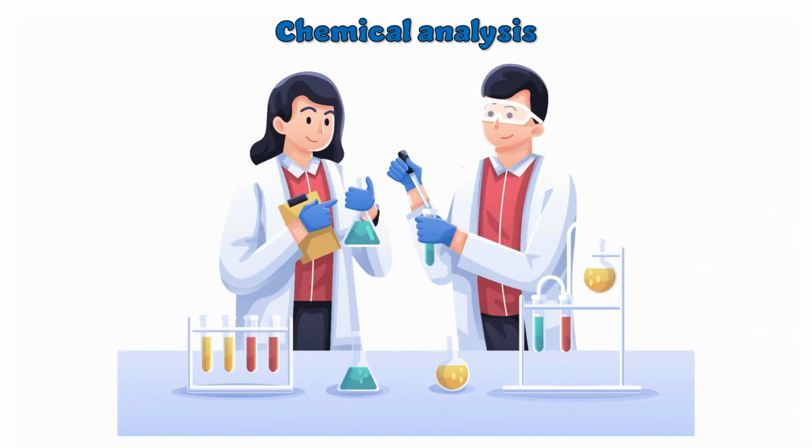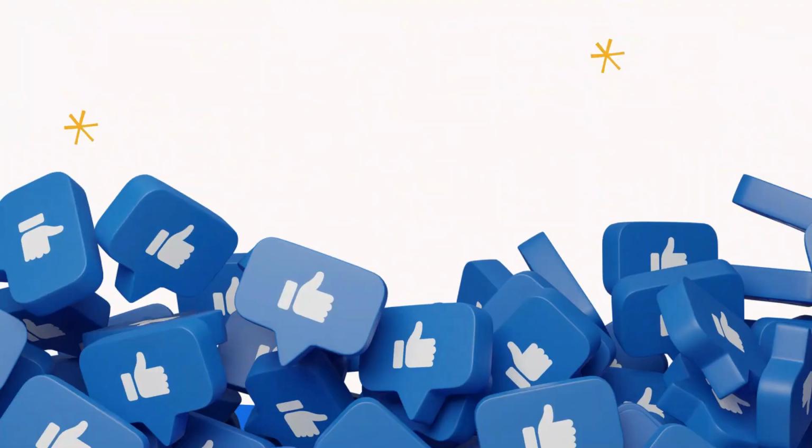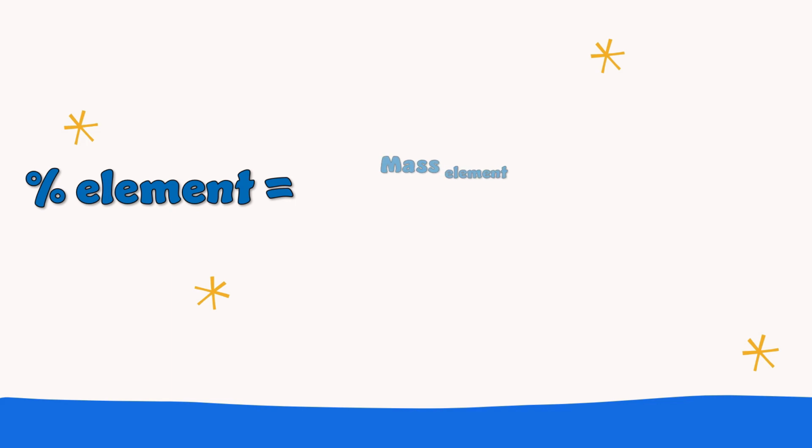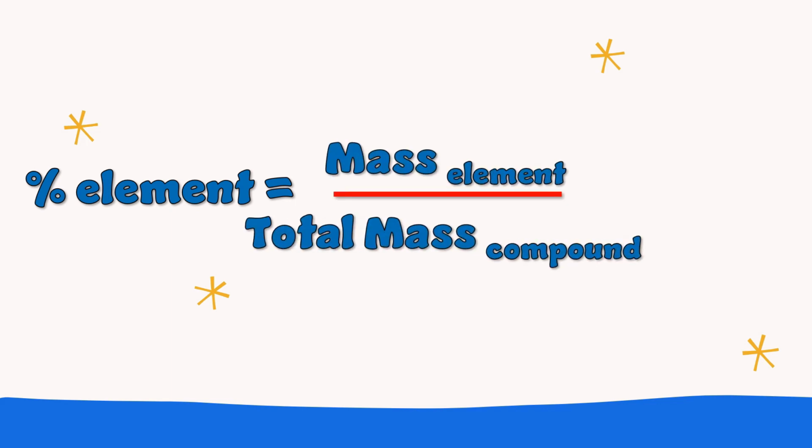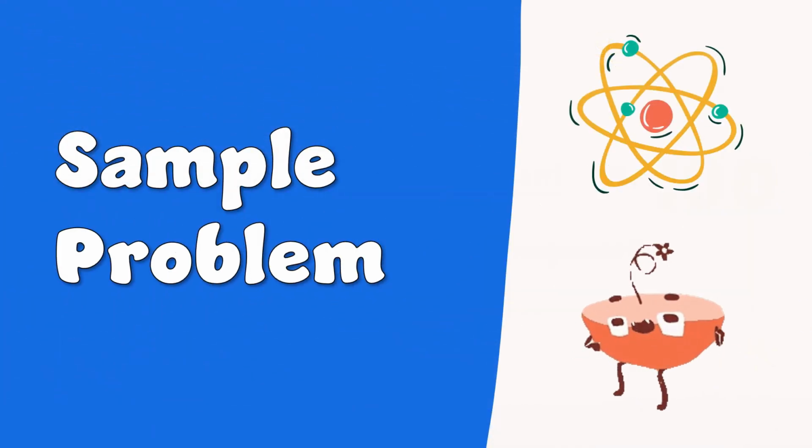Chemists are able to analyze an unknown substance by determining its percentage composition by mass. The result of this analysis can be compared with the percent composition of known compounds to see the probable identity of the unknown substance. Let's use this formula. The percent of an element is equal to the mass of the element divided by the total mass of a compound times 100. Let's have the sample problem.